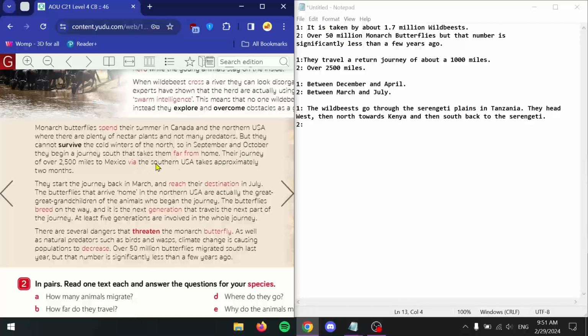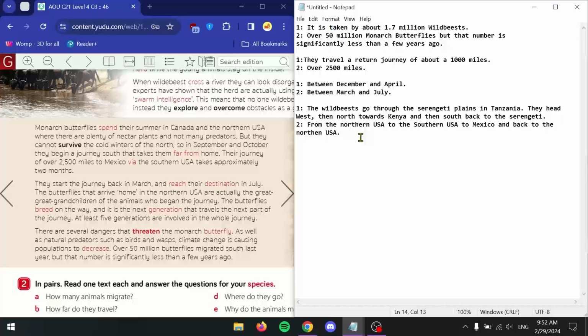The return of over to Mexico via the southern USA takes approximately 2 months. So they go to Mexico through the southern USA from the north. So how do we put this in words? We could say something like from the northern USA to the southern USA to Mexico, and then back to the northern USA again. All right.